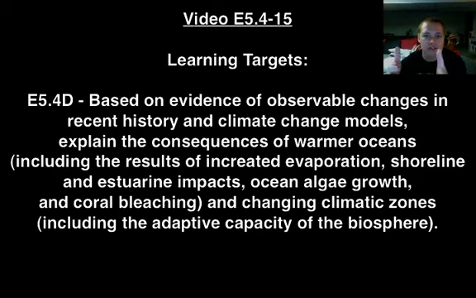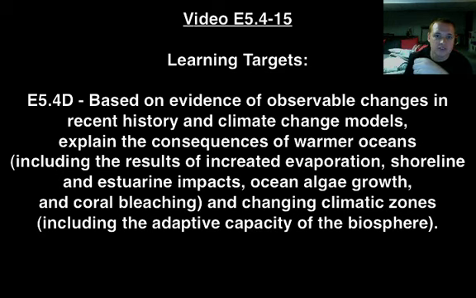So that's the focus again, on E5.4D, but more specifically within that, talking about how the changing climatic zones due to warming trends are changing the adaptive capacity of humans living in a particular area that is being affected.